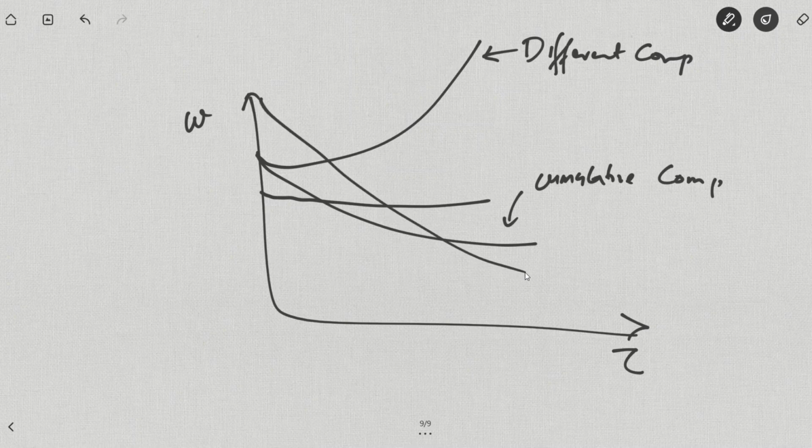Fine. So this is shunt, this is series. So these are your torque speed characteristics on the same graph for different types of DC motors.